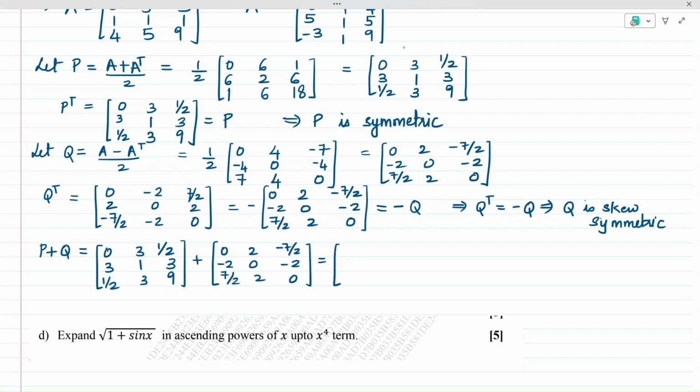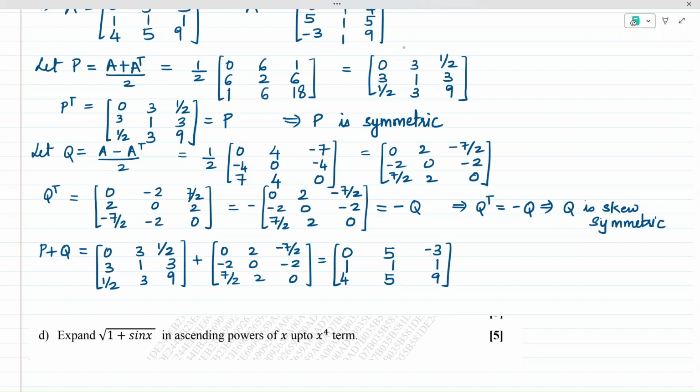Let's add the 2. So I get a 0 here, a 5 here. 1 by 2 minus 7 by 2 is minus 6 by 2, which is minus 3. You can use a calculator if you require. This is going to be 1, this will be 1, and this is again 1. 1 by 2 plus 7 by 2 is 8 by 2, which is 4. 3 plus 2 is 5, and 9 plus 0 is 9.